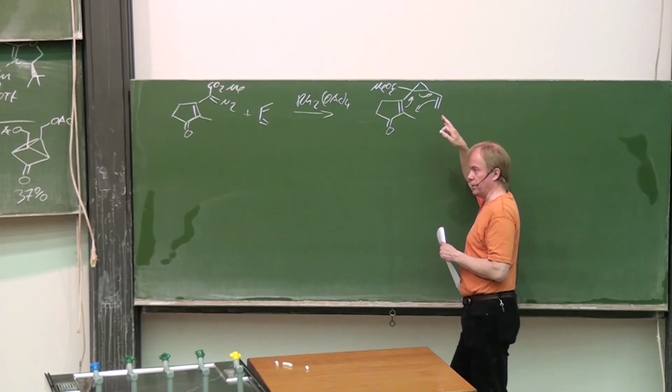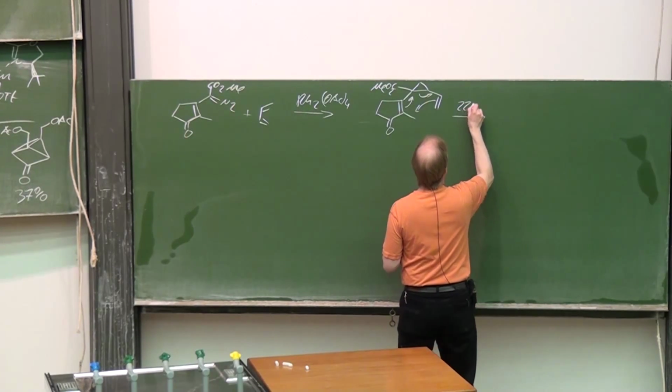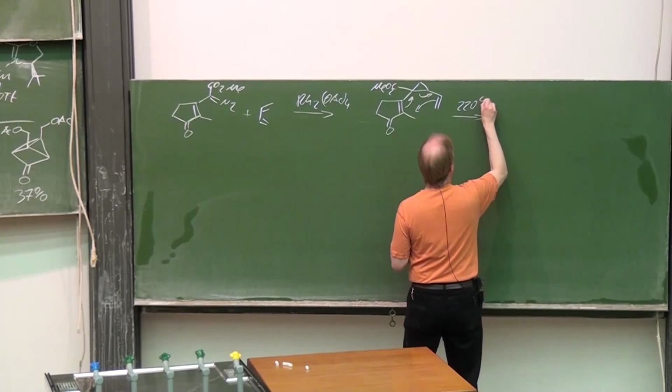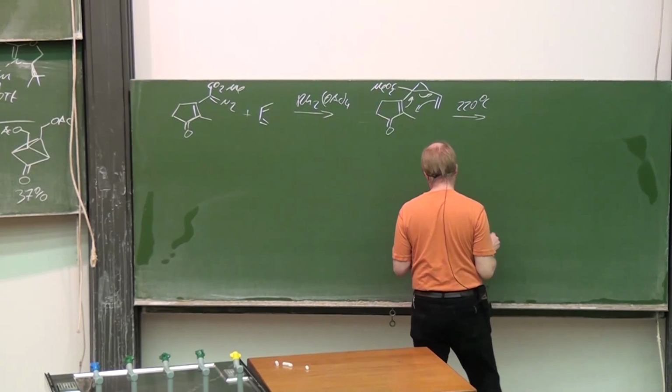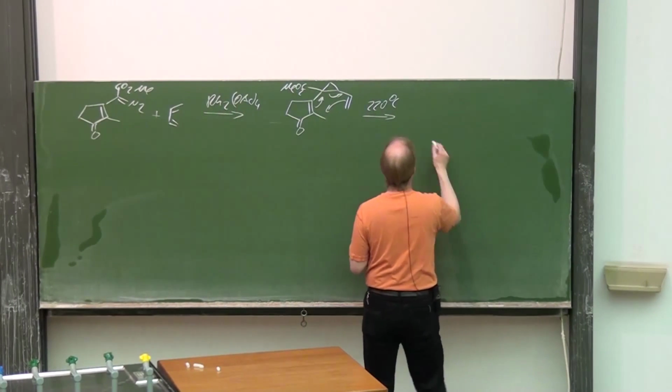Similar reactions are known producing 7-membered rings by Diels-Alder type reaction of vinyl cyclopropanes, for instance. So, you need elevated temperature, 220 degrees, a bit more than usual for Cope rearrangements.